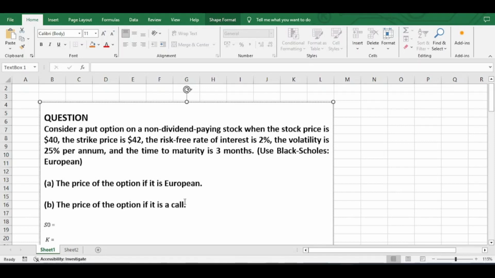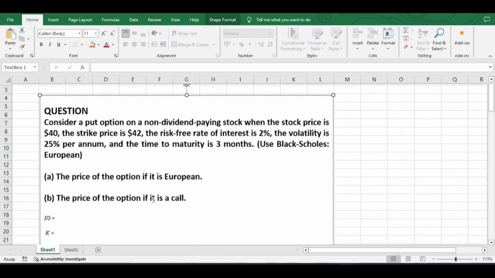On the other hand, if it's a call option, an option holder will only exercise the option if the stock price will be higher than the strike price. Other than that, if it's not the case, the option holder will let the option expire.